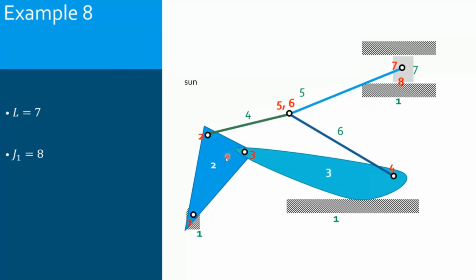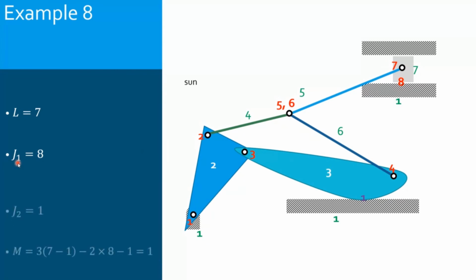So I have 5 pin joints of order 1, 1 pin joint of order 2, counted 2 times. I have here 7 lower pairs. The prismatic joint is number 8. So in all, I will have J1 equal 8.